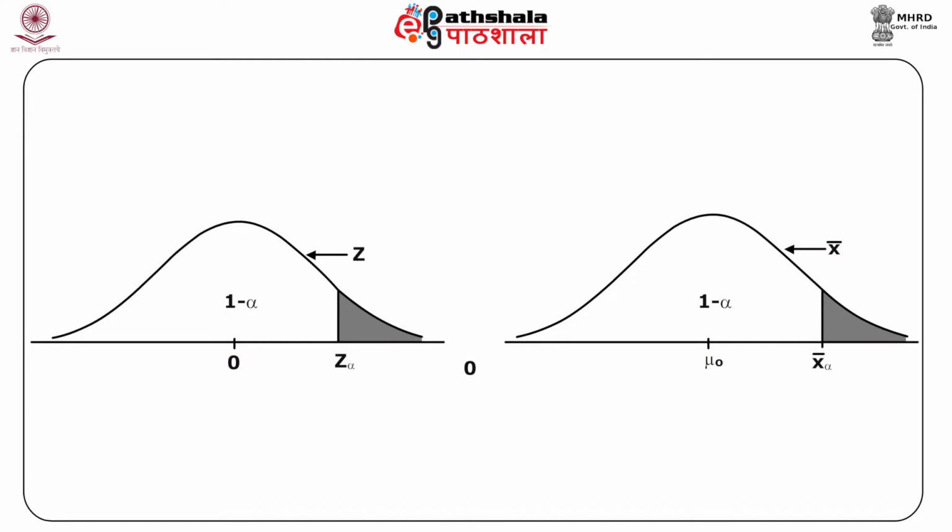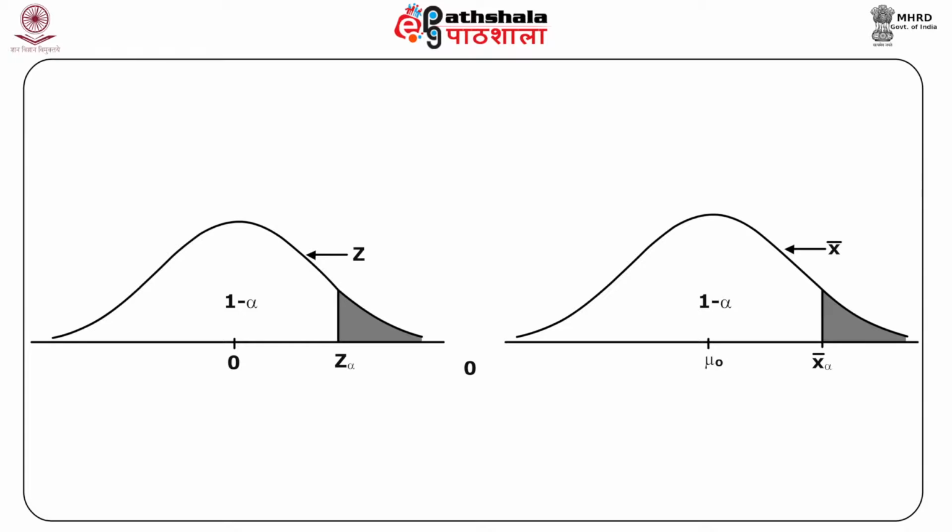In our figure 1a, z alpha is selected so that alpha area is in the upper tail of the distribution, which is shown by the shaded area. The remaining area under the z curve to the left of z alpha is 1 minus alpha. I am sure you can see it clearly from the diagram.